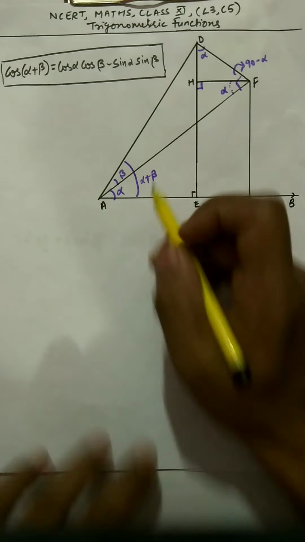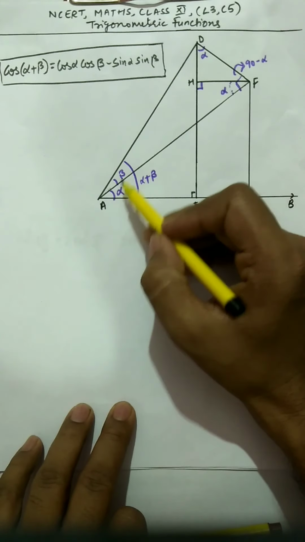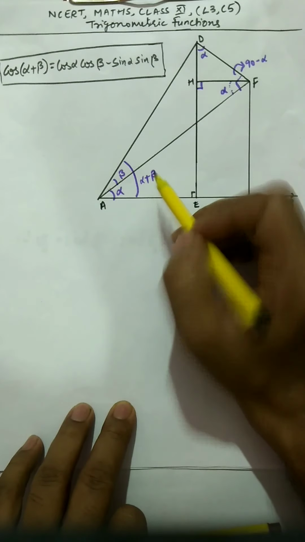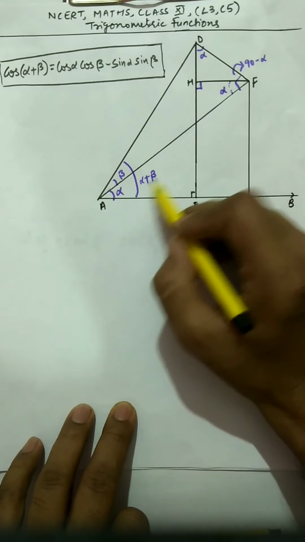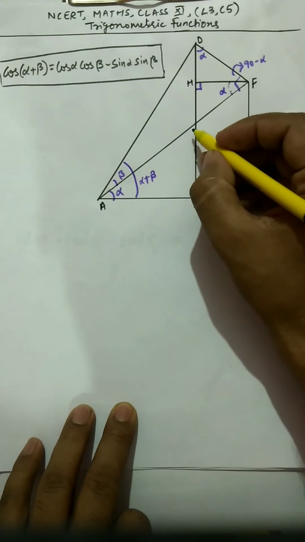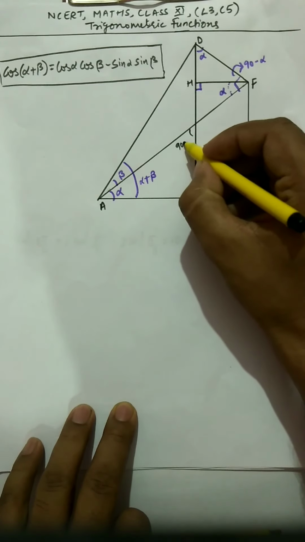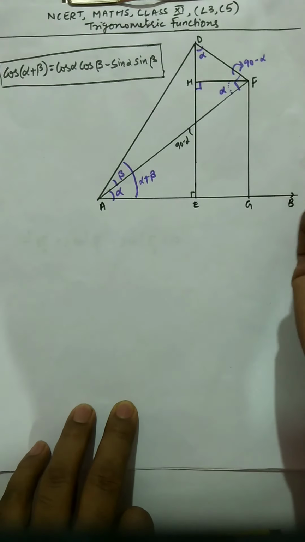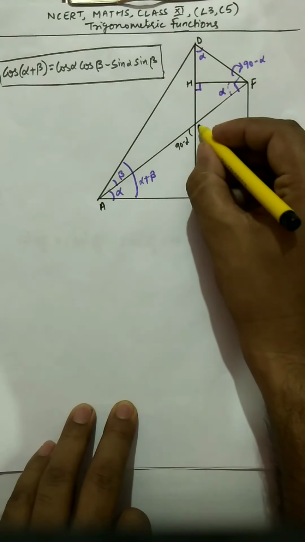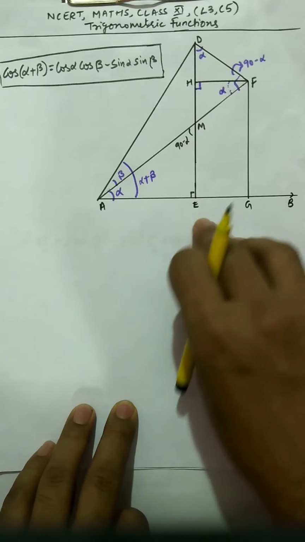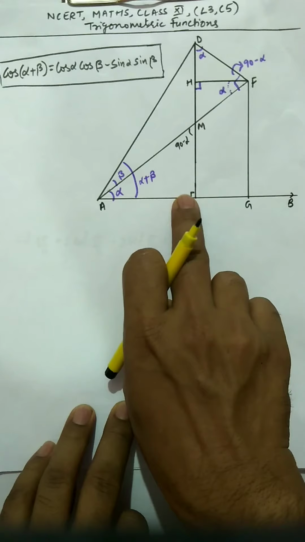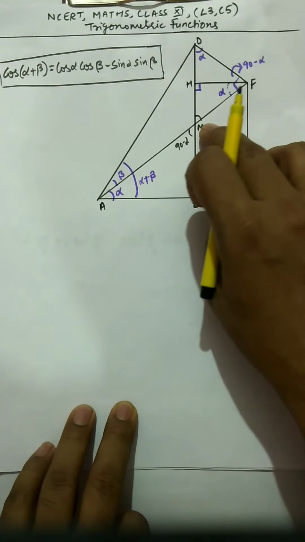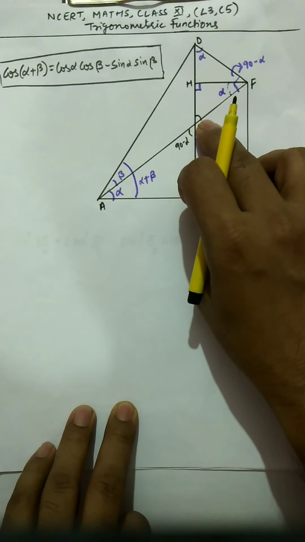Okay, so you see this angle, I have taken this as alpha and this angle as beta, and the sum of these two angles will be alpha plus beta. Now if this is 90, then this angle will be 90 minus alpha, because this is alpha. I'm talking about this right angle triangle. Let's say this is M. So in AME, this is alpha, this is 90, so this is 90 minus alpha. This is a vertically opposite angle, so this is also going to be 90 minus alpha.